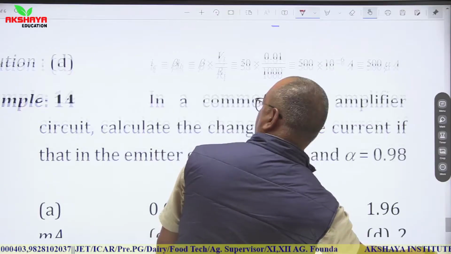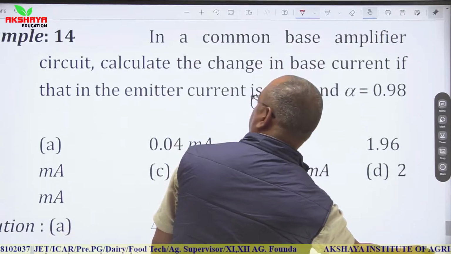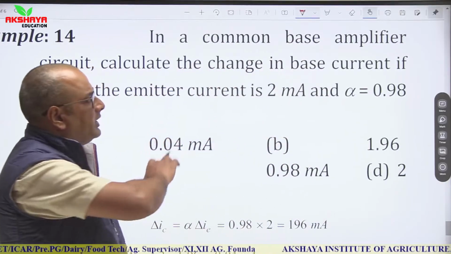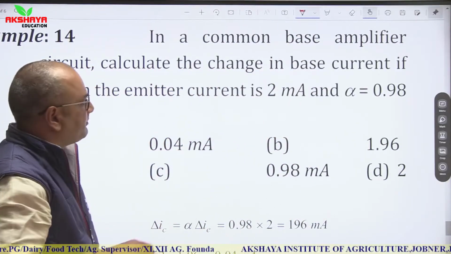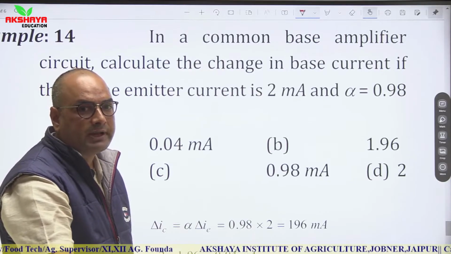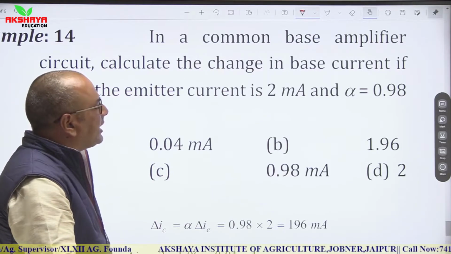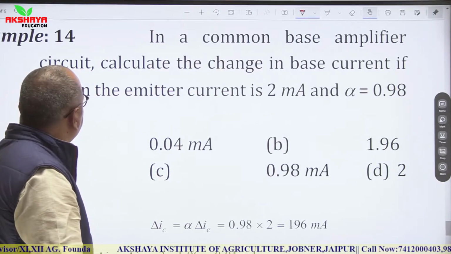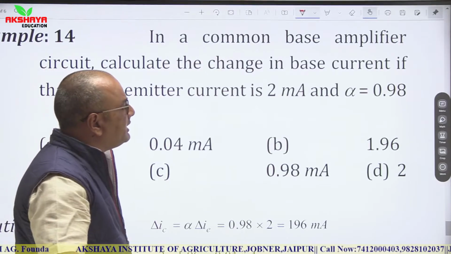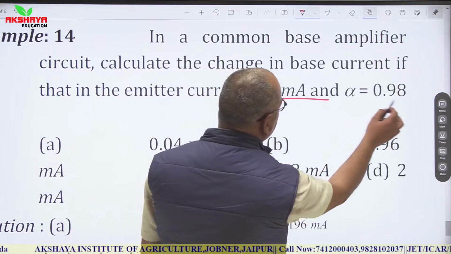So our next question is, in a common base amplifier circuit. So now we are given CB configuration. In CB configuration, calculate the change in base current if the change in emitter current is 2 milliampere and alpha is given as 0.98.